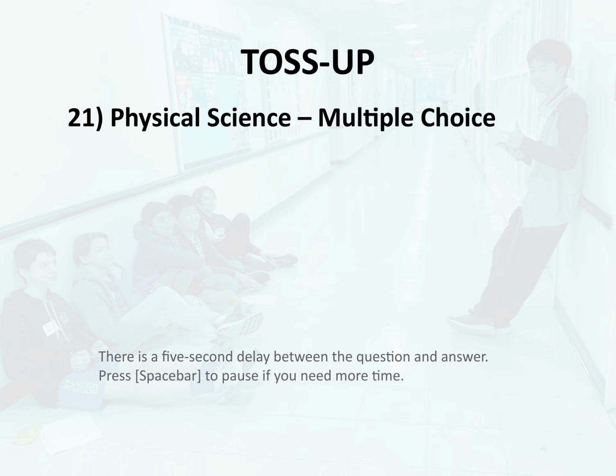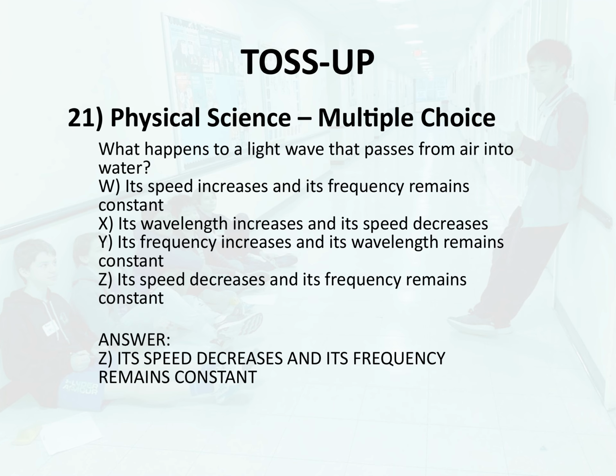Y. Its frequency increases and its wavelength remains constant. Z. Its speed decreases and its frequency remains constant. Answer: Z. Its speed decreases and its frequency remains constant.